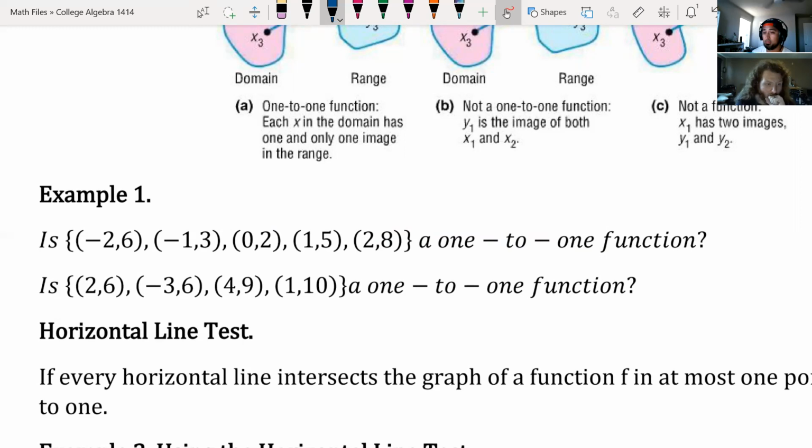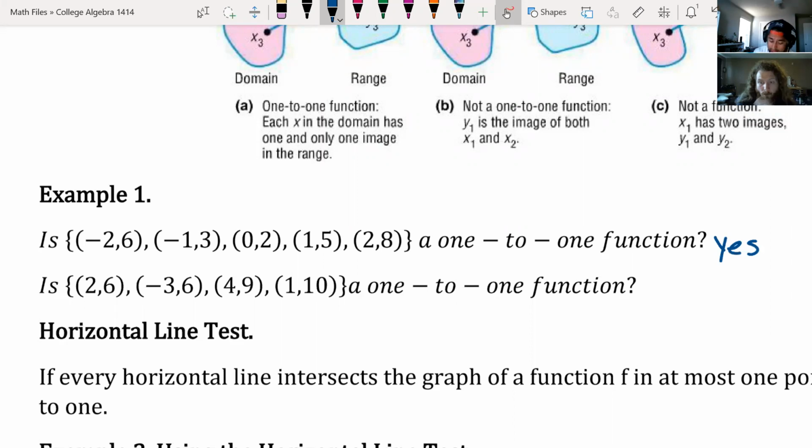Anybody? Do you see any y values repeated? No. Good. So this set of coordinates would represent a one-to-one function. So we would just say yes.